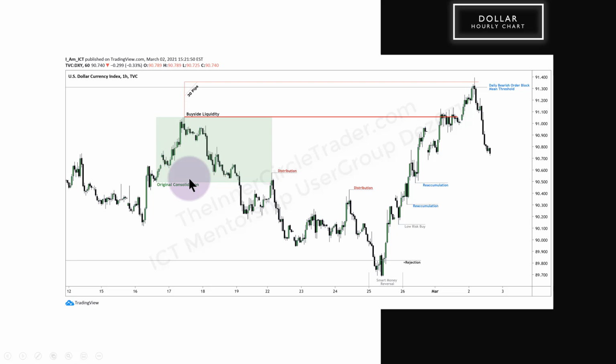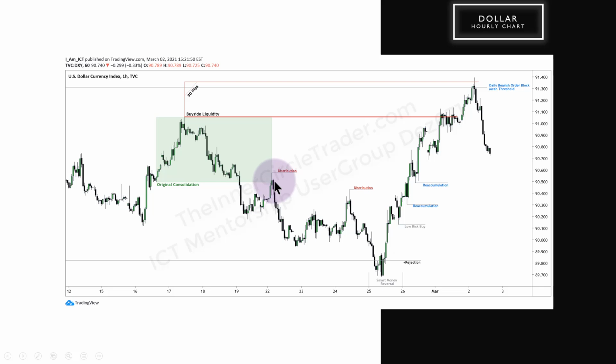So in here, I'm going to frame out where a consolidation would be, and that's what I'm delineating here, and the return to the consolidation. So a market maker buy model is a consolidation, a break lower, return back to consolidation. That doesn't necessarily have to happen. Not all of them will have that.